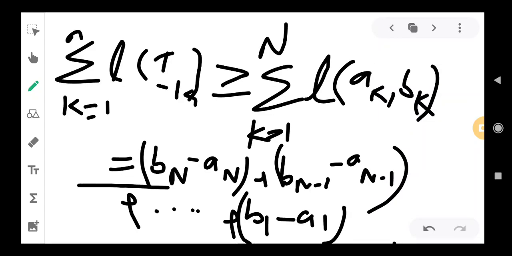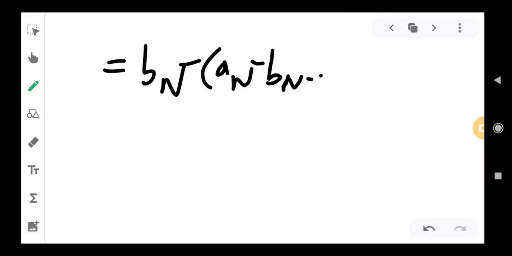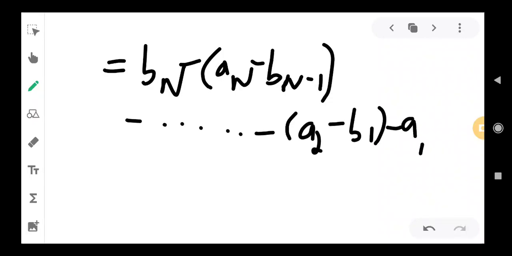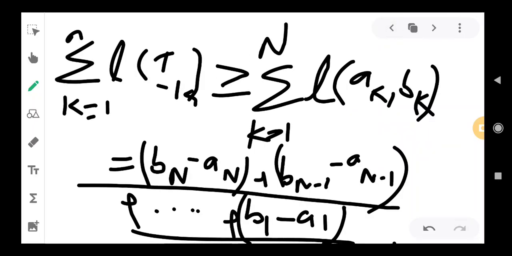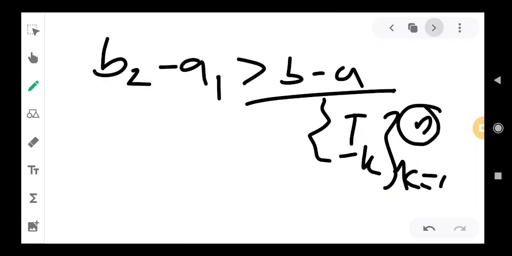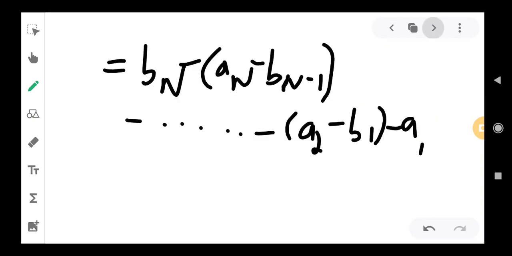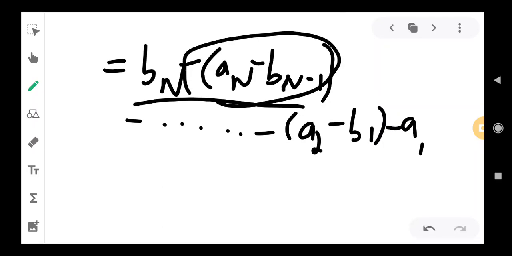So I am going to rewrite this with some rearrangement. I am writing it as BN minus (AN minus B(N-1)) minus etcetera minus (A2 minus B1) minus A1. As we have done earlier, we got a negative number here. So these terms become positive, a big positive.